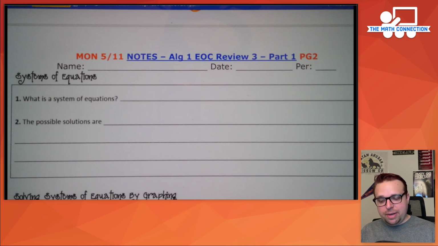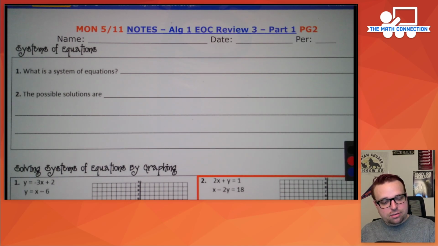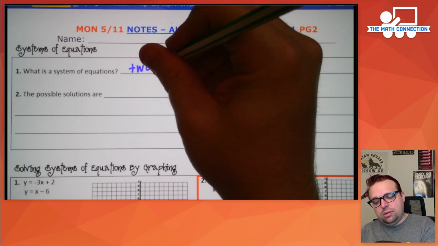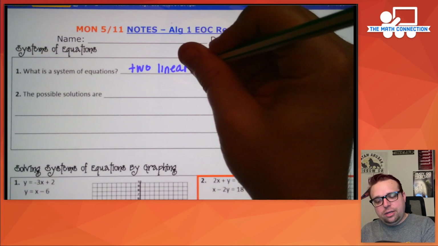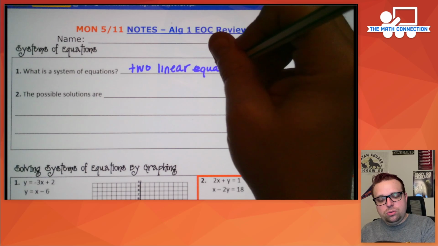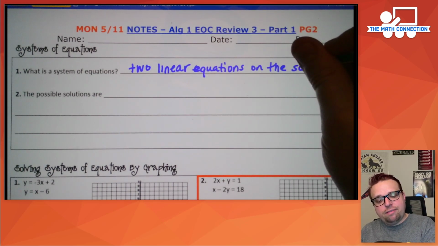All right, let's flip to page 2. We're gonna shift gears here, and we're gonna be talking about systems of linear equations. So, okay, a system, we're gonna define that. We'll use purple. We haven't written in purple in a while. A system of equations is two linear equations that are on the same graph.